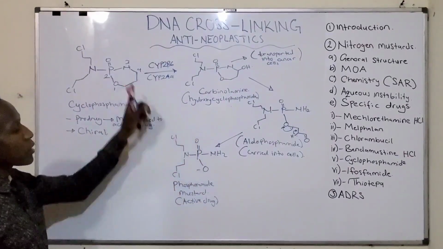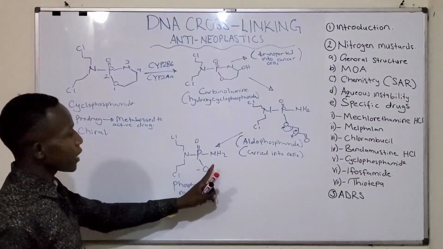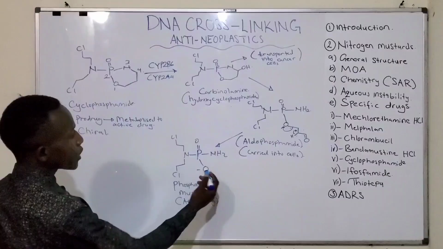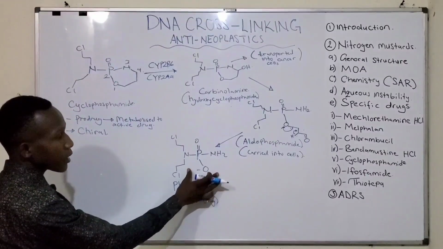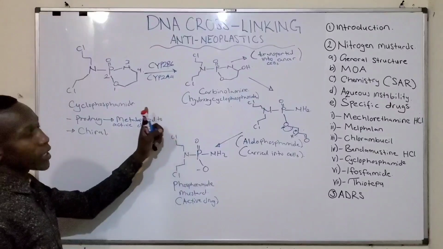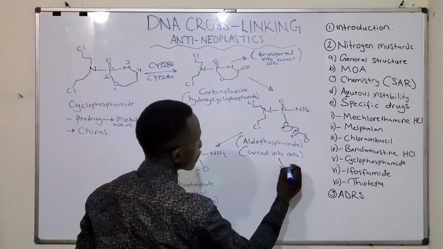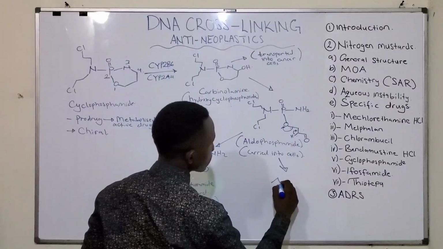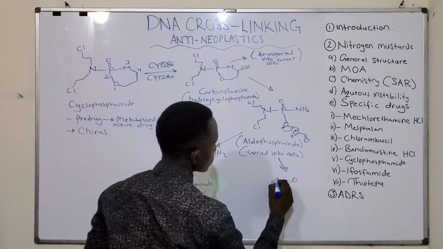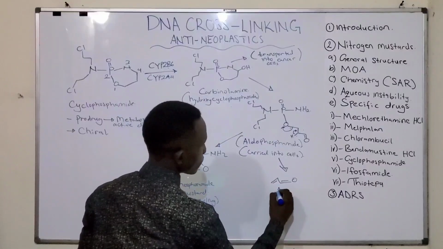Before breaking this ring, the drug couldn't form the aziridine cation, but after breaking the ring, this drug can form the aziridine cation. Hence, we can alkylate the DNA. And we shall have also formation of this, the acrolein. This is acrolein.